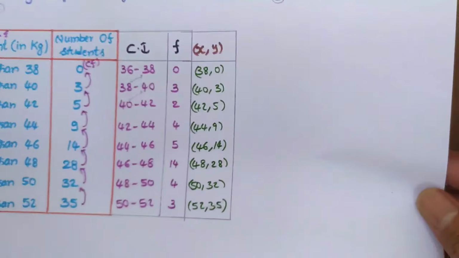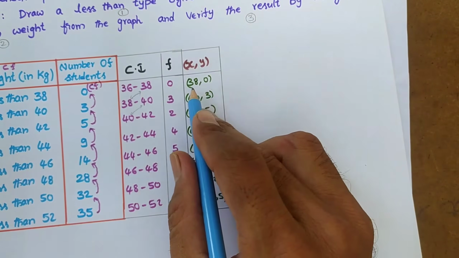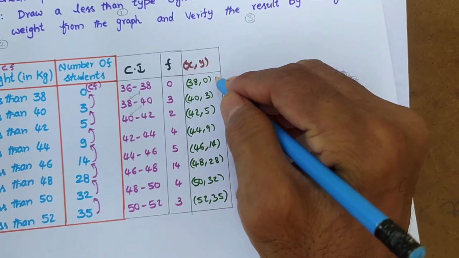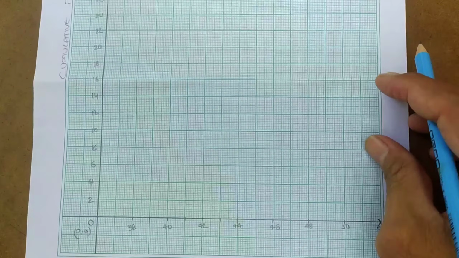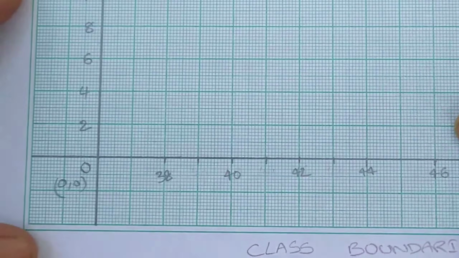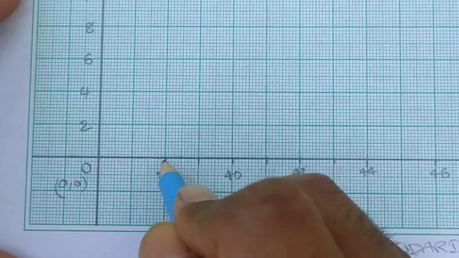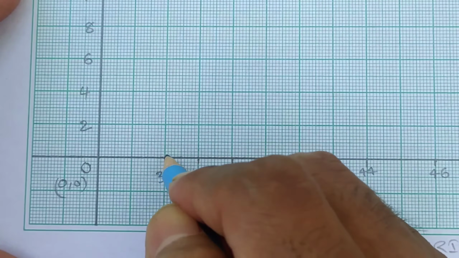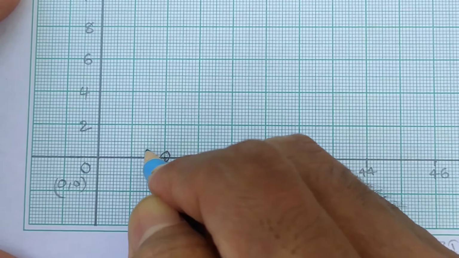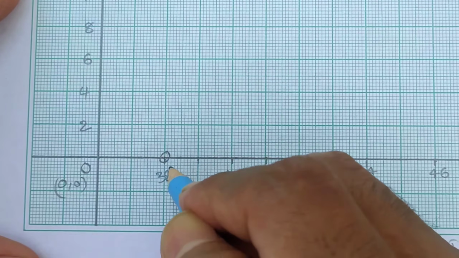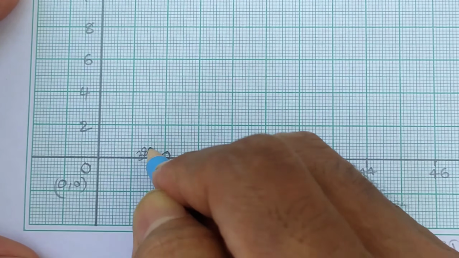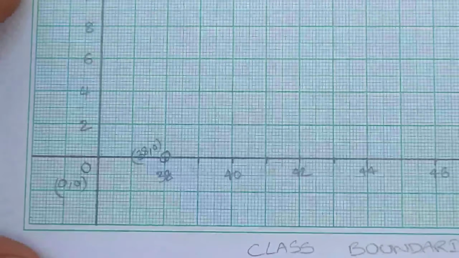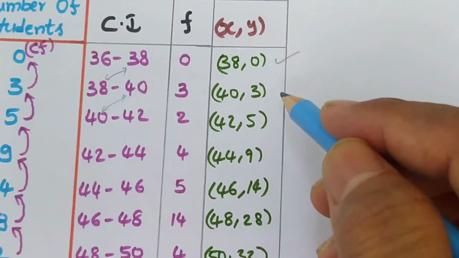Now let us plot these points. First one is 38, 0. See here, this is 38 and 0 itself. So let us take this as the first point. This is 38, 0. And the second point is 40, 3.